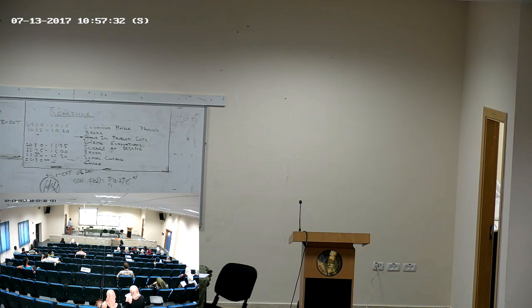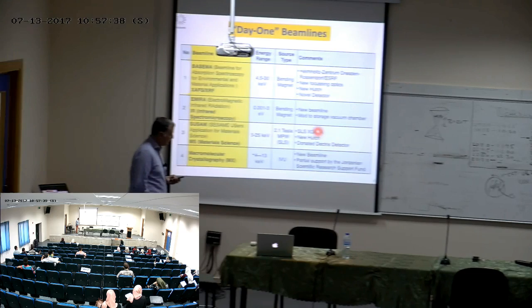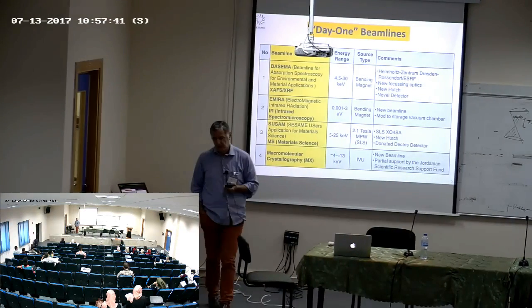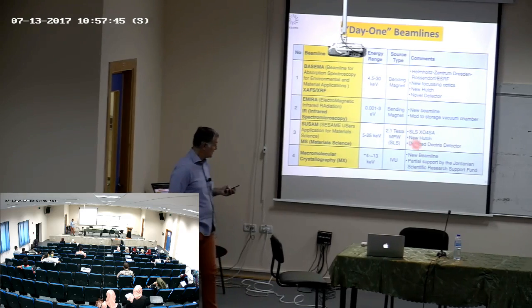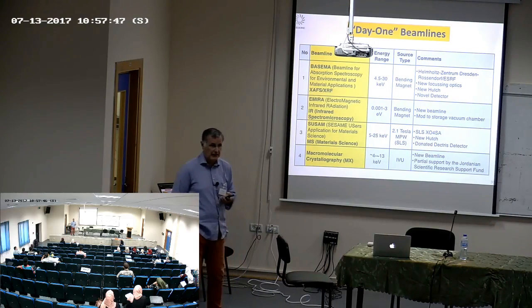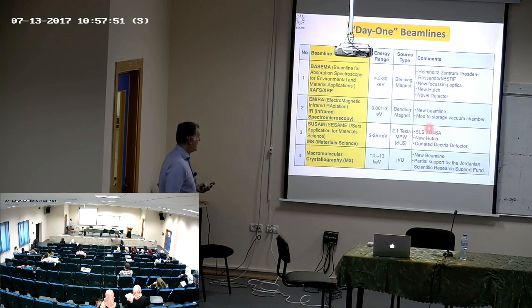And it is based on a donation from the Swiss Light Source, and it has a donated detector. I'm stressing this because this is the first donation we got from a company. And we are now working on the rest of the experimental station.